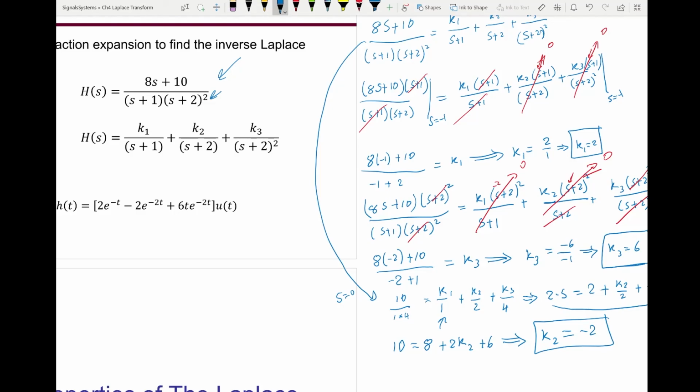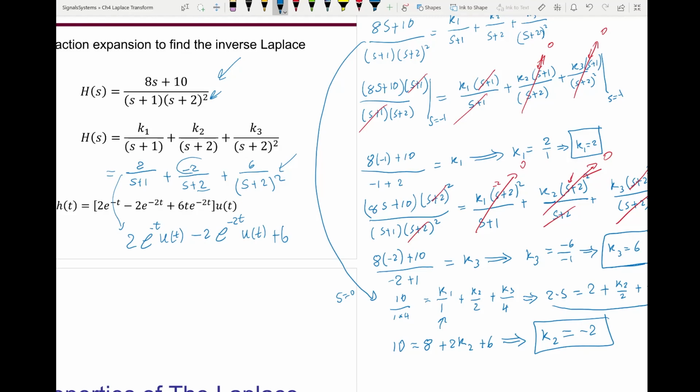k1 is 2, so that will be 2 over s plus 1. k2 is minus 2. k3 is 6. And if you use the table, which we already used so many times, that would be 2, lambda is minus 1, so that's 2 e to the minus t u of t, minus 2 times 1 over s plus 2, lambda is minus 2, so that's e to the minus 2t u of t, plus 6, this is new.